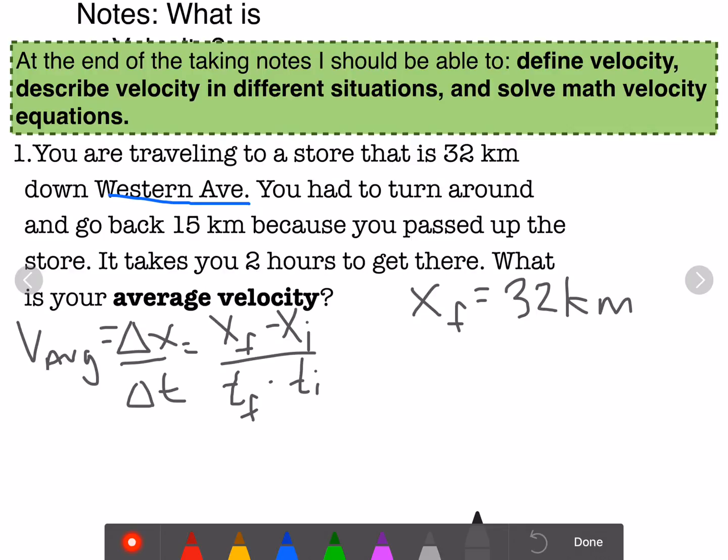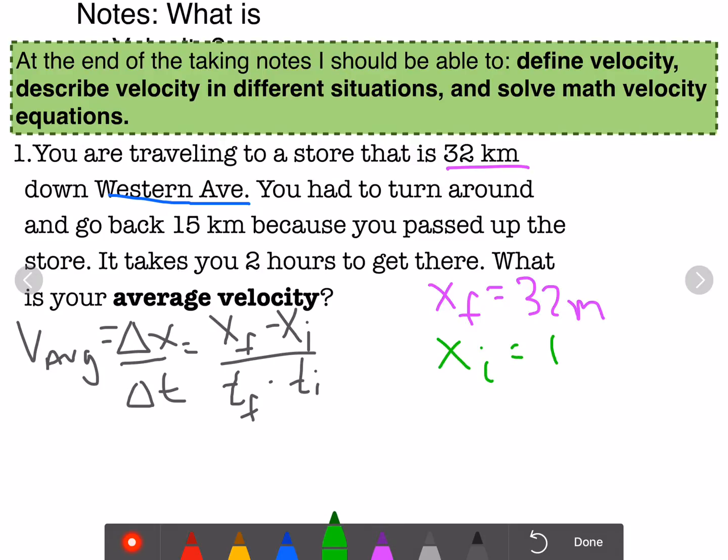Let me make this a different color. We'll use purple. So our x final is going to be 32 kilometers. That's where you're going to end up. You had to turn around and go back, so our initial is going to be 15 meters.